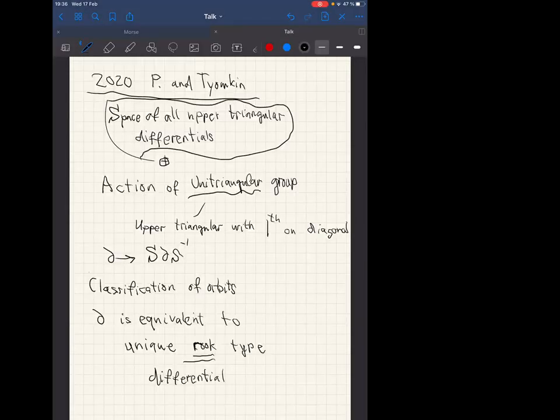The unitriangular group is the upper triangular group with unities on the main diagonal. So we see that we can try to extract invariants of a strong Morse function by trying to consider orbits of that group.